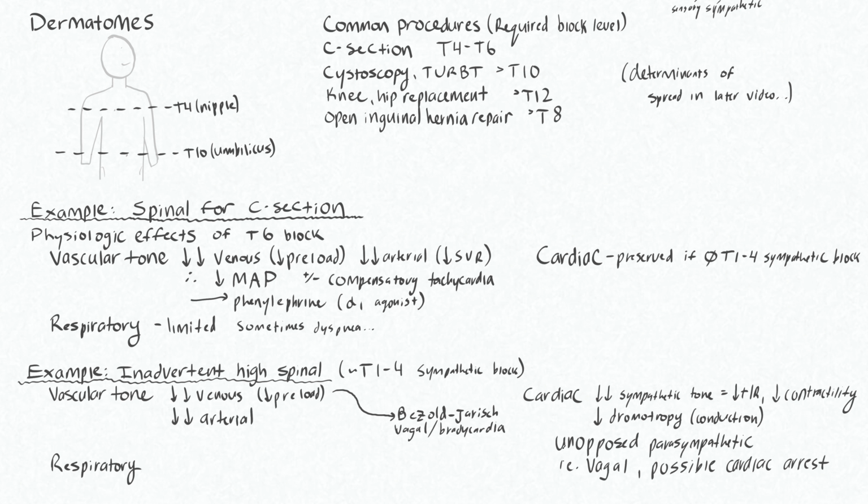In any case, when you have this unopposed parasympathetic tone, the best way to come back from this is an anticholinergic, namely atropine, as a strong and relatively rapidly acting anticholinergic medication that will decrease your parasympathetic tone.